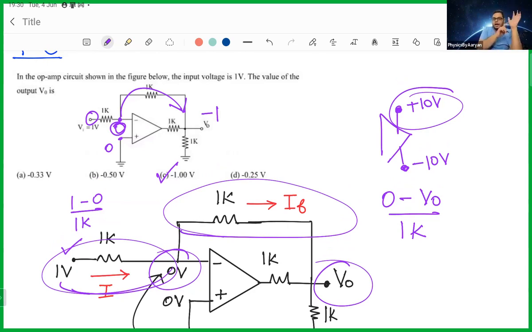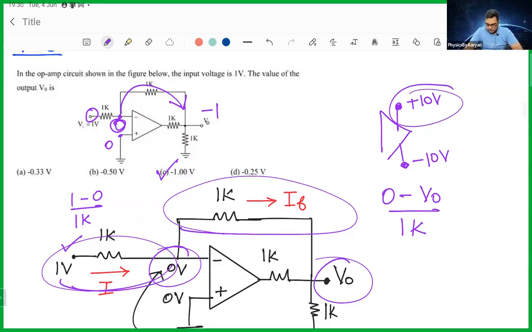It goes from higher, so 0 is a higher number than minus 1. Right? Perfect. Any doubts in this question?